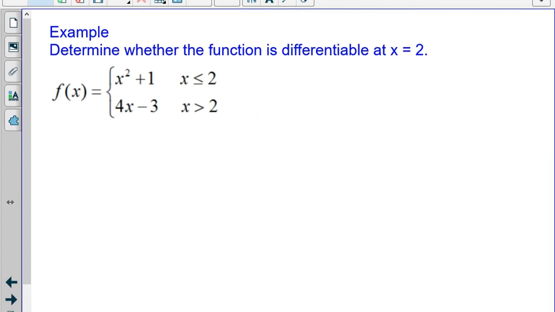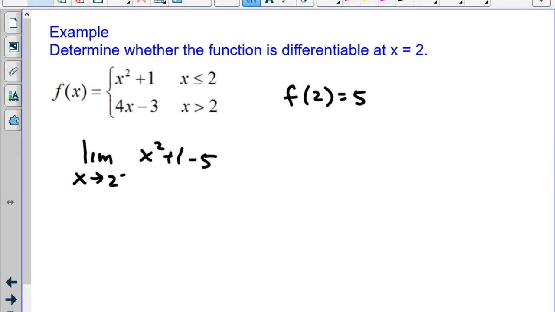Is this graph differentiable at x equals 2? The answer is yes, and I'll show you why. First, we have to check continuity, and f of x at 2 is equal to 5 since it works in both parts of the piecewise function. It's both 5. So that is good. Now we will check the limits.